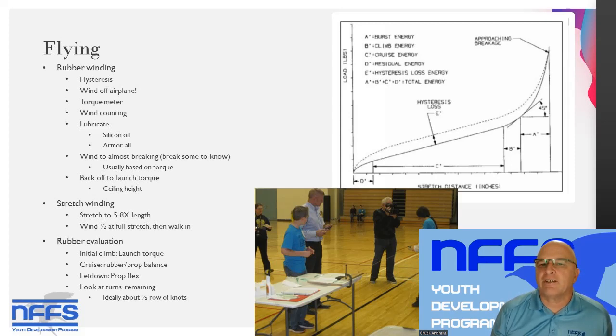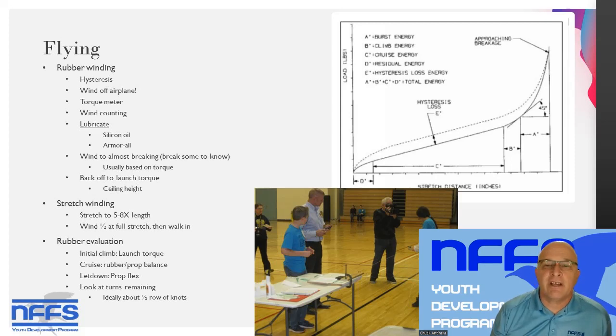And then as it gets near full, suddenly the torque goes sharply up to the point of breaking. Then it comes back on the lower solid curve here. In order to get the most out of your rubber, you want to wind almost to breaking and then back off rather than just winding up to your launch torque. You'll almost double the amount of winds in the rubber at launch when you do this.